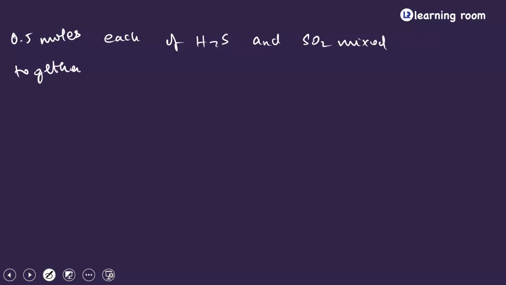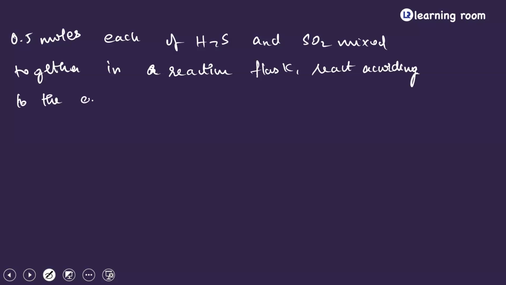0.5 moles each of H2S and SO2 mixed together in a reaction flask react according to the equation: H2S plus SO2 gives you H2O plus 3S.